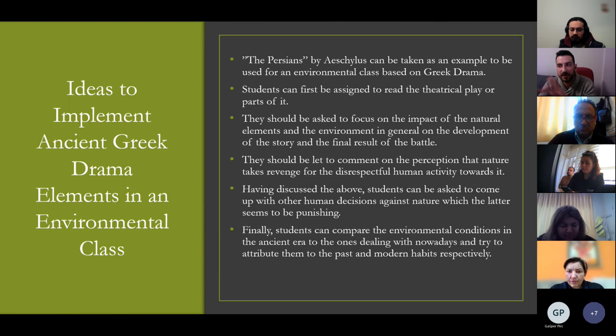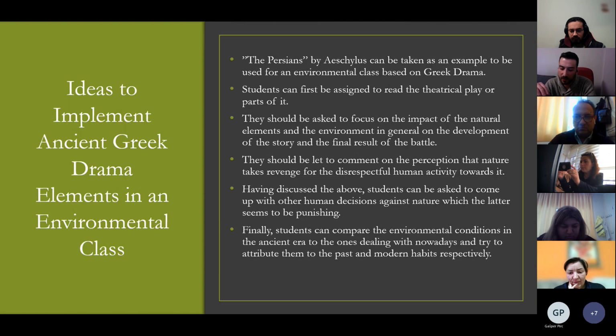But first of all, if we want to use this theatrical play, The Persians, I think that we should address older students, not, for example, primary school students, because they will have, first of all, to be assigned to read the theatrical play, or we can give them specific parts.